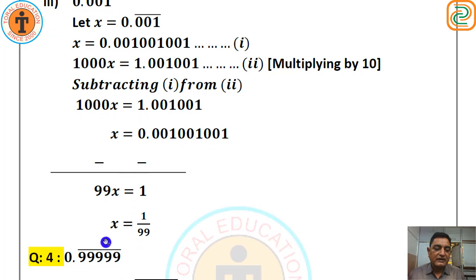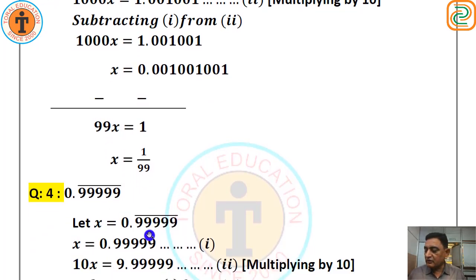So here x equals 1 upon 999. I had forgotten to put in a 9. So friends, consider 999 instead of 99. Okay. Sorry for that.